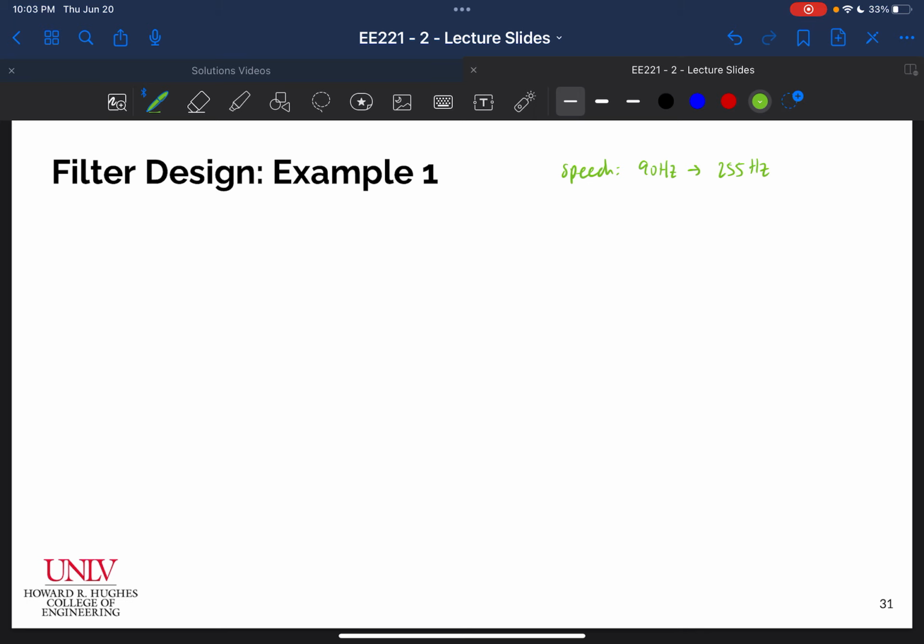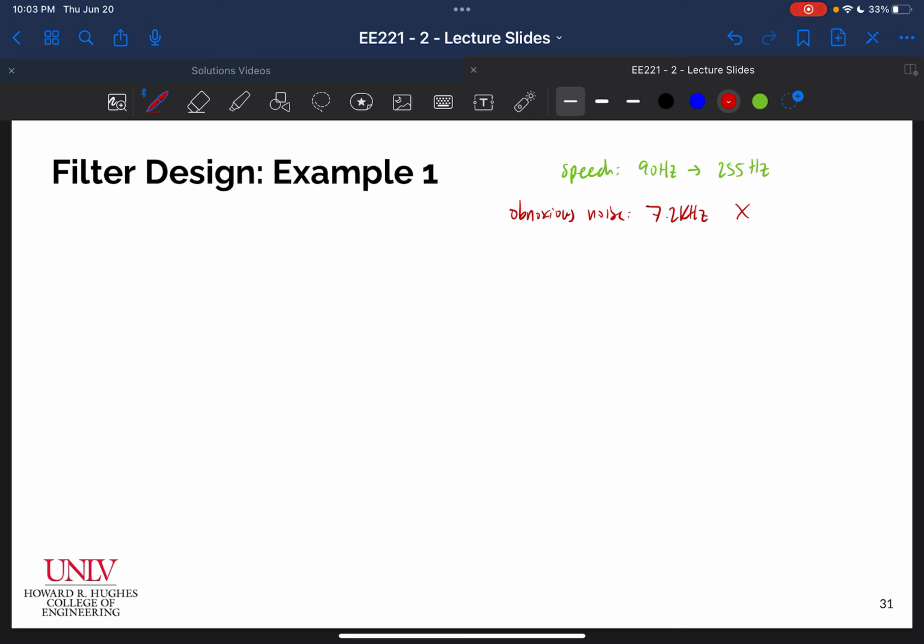That's the typical range for adult speech. And there's a really high frequency obnoxious noise in the recording at 7.2 kilohertz. So really high pitched, like a dog whistle kind of sound that we definitely don't want to hear when we reanalyze this speech.